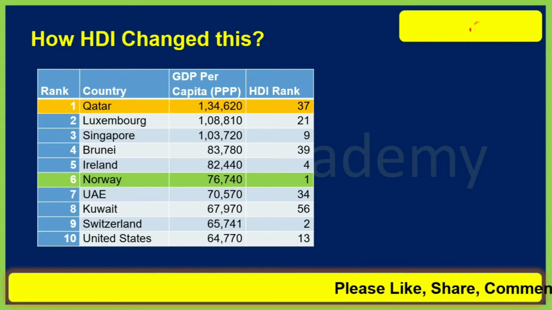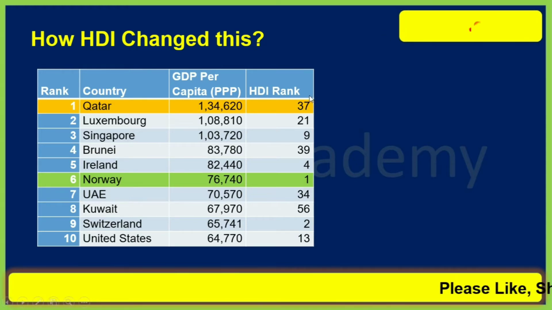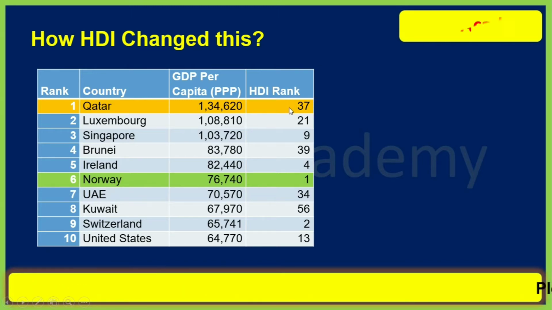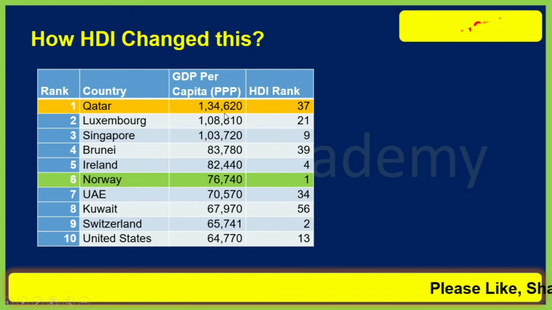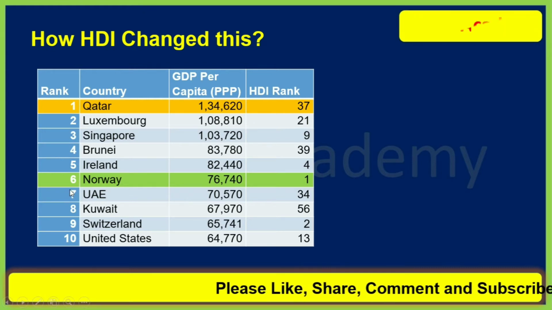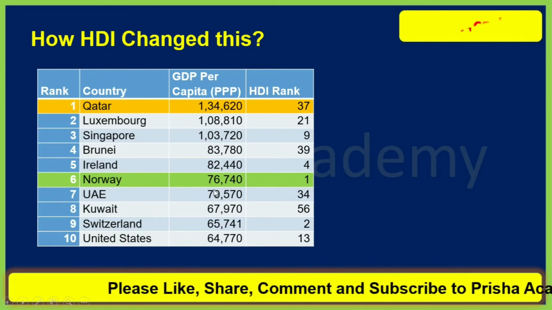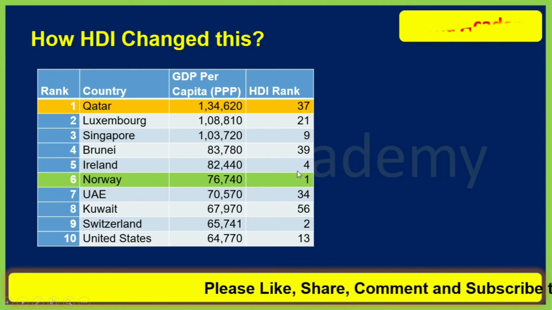But when we come to HDI rank, on the right side, you'll see that Qatar falls at number 37 in HDI rank. However, its GDP per capita is highest. Whereas Norway falls at number 6 in terms of GDP per capita, but when it comes to HDI rank, it is number 1.